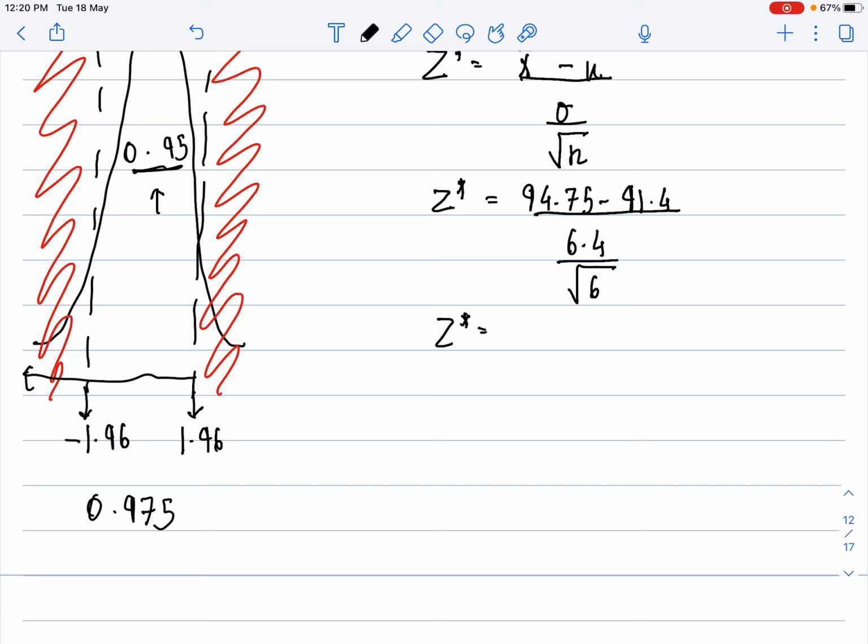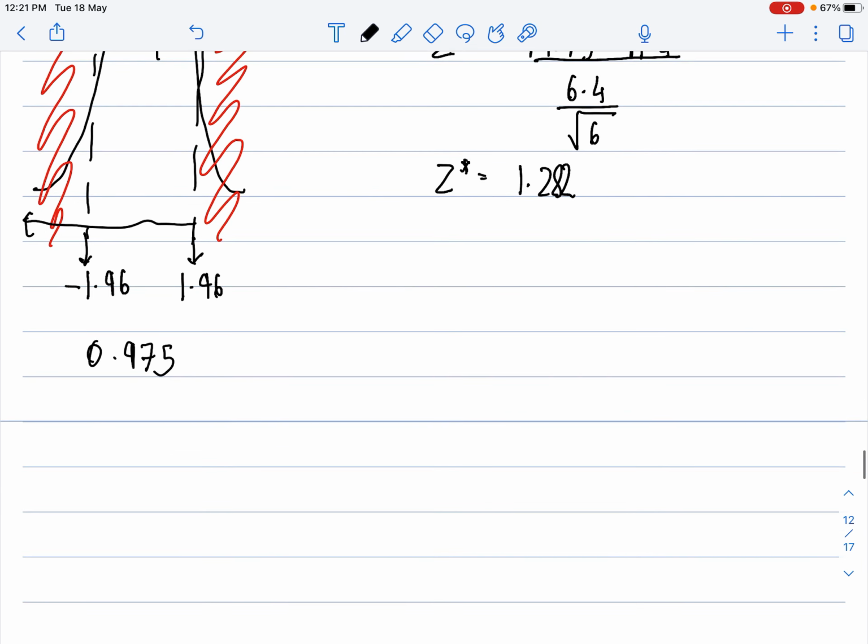You can solve this on the calculator. Just give me one second. When I do this, I get my Z statistic value as 1.282. Now, because it's positive, I compare it with 1.96. So I compare 1.282 with 1.96.